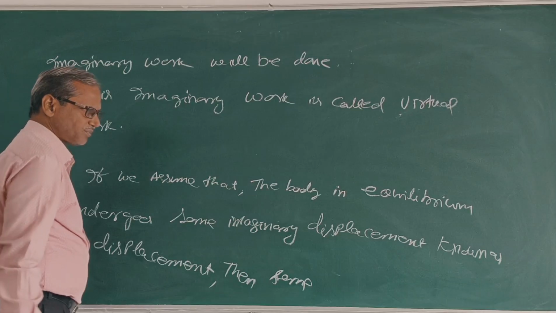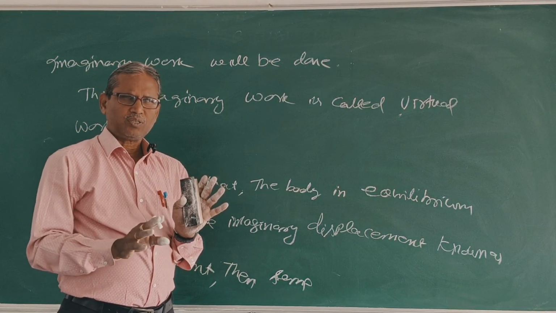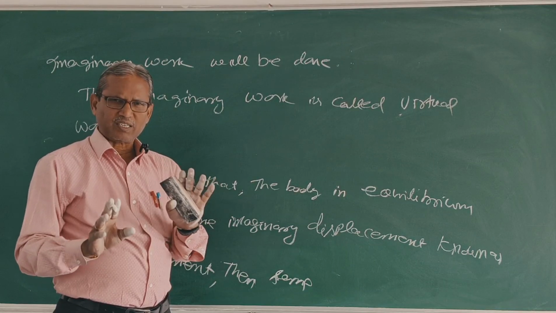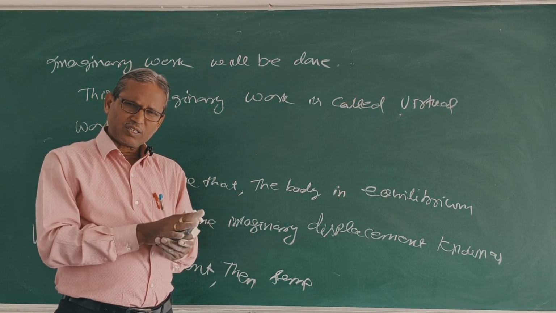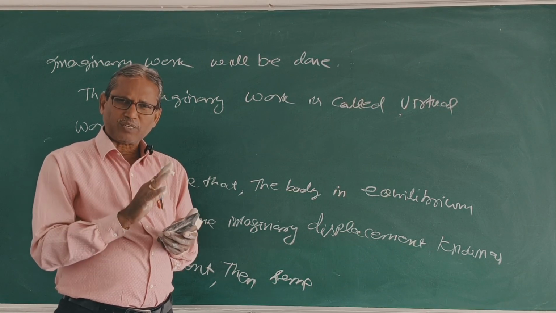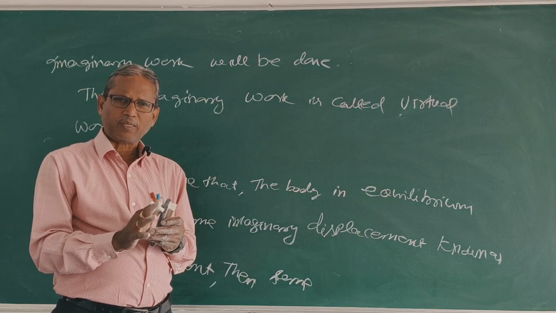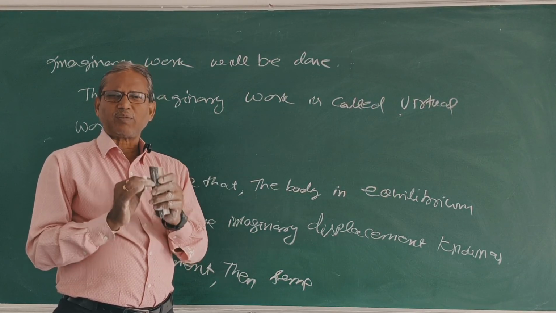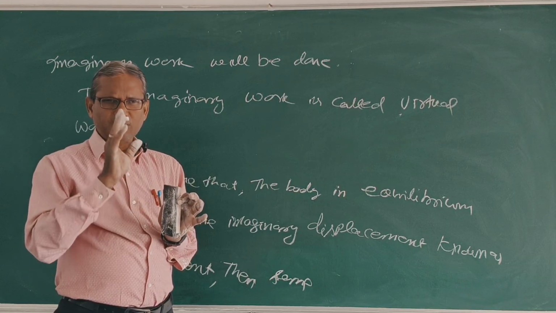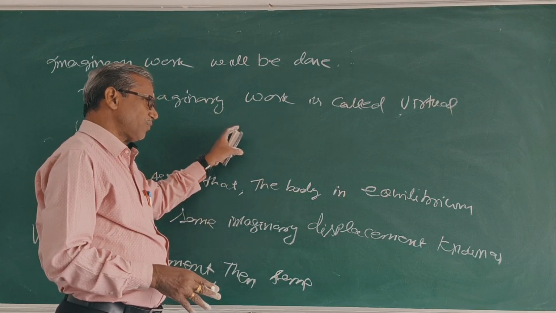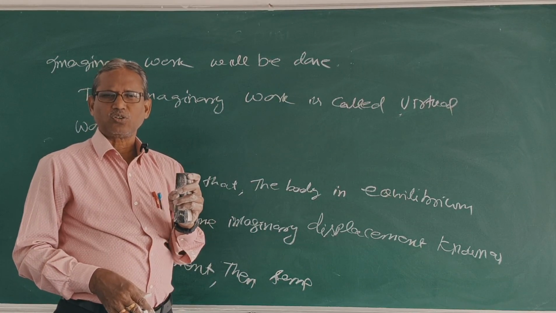Clear? When the body is in equilibrium, displacement is 0. The body will not move in any direction. So its work done is 0. If in this equilibrium condition the body is assumed to undergo some imaginary displacement, then some imaginary work will be done. This imaginary work is called virtual work. Clear? So where is this concept used?